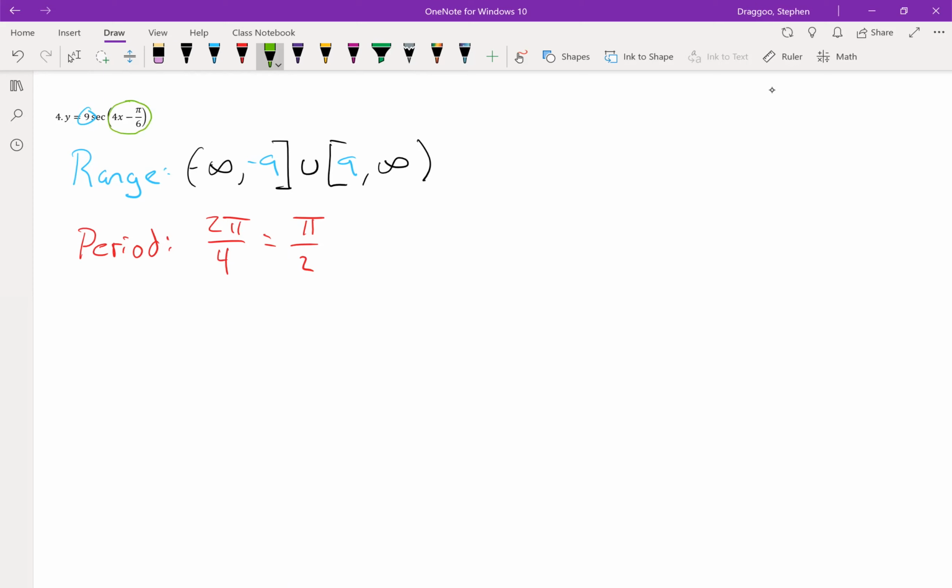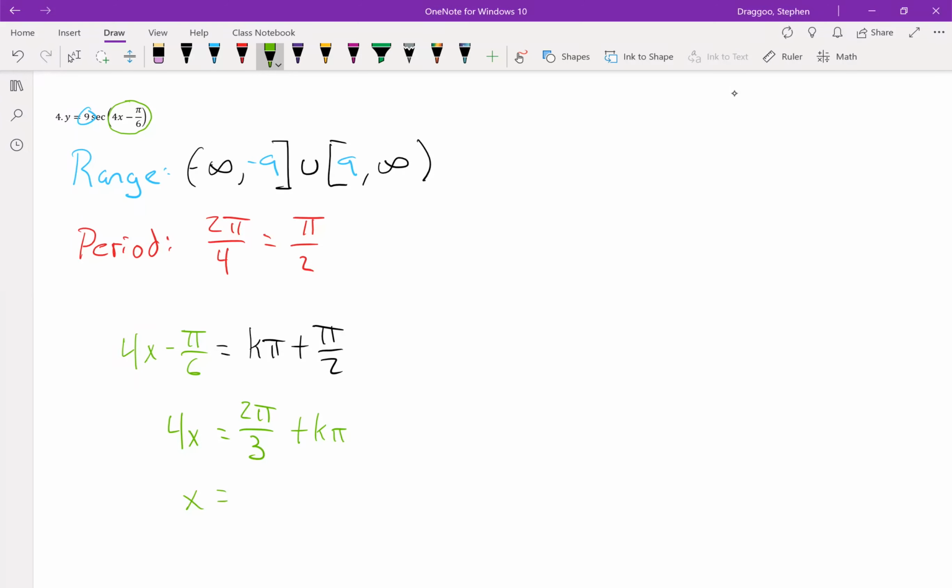And for those vertical asymptotes, 4x minus pi over 6 is equal to k pi plus pi over 2. Solve that for x. All right, continue solving that for x.